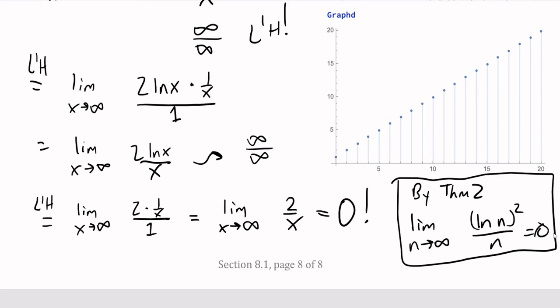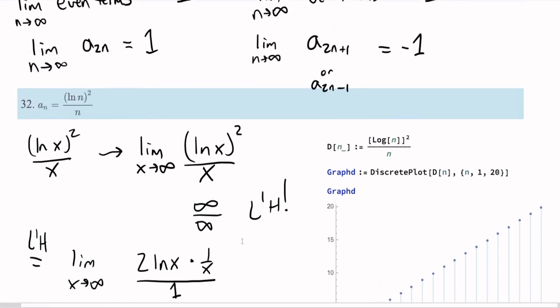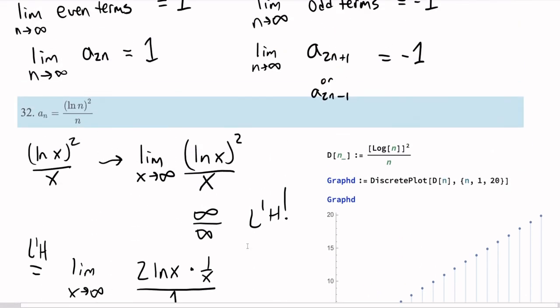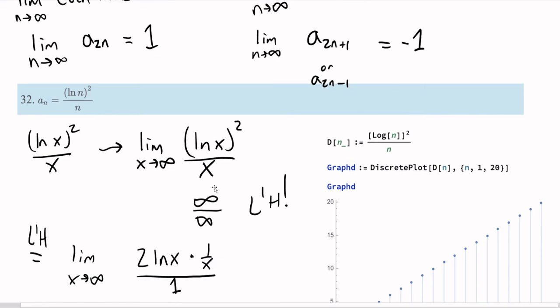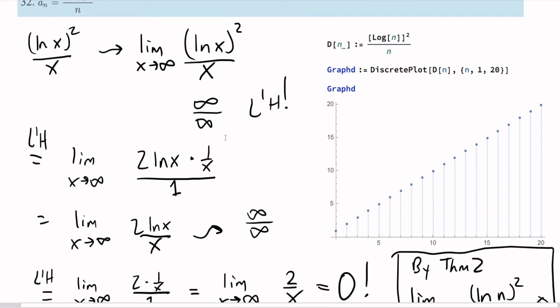So hopefully you can see how these problems aren't too bad when you break them down piece by piece. But this is why Calc 1, Calc 2, all these things we learned, you've got to get them down. Because look, I just used L'Hopital's twice, and it was a fairly small and quick piece of a bigger problem.